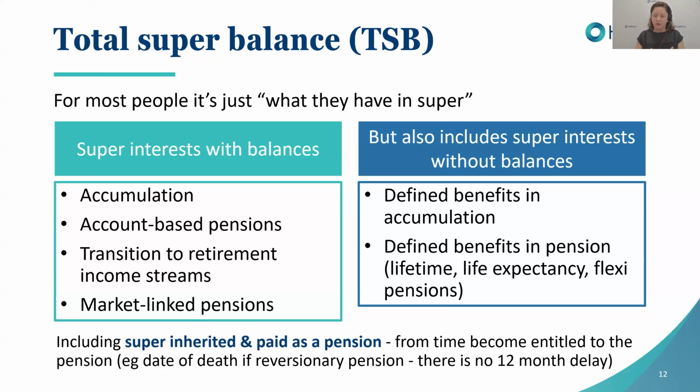So if I've inherited super in the form of a pension, then it's counted towards my total superannuation balance from the moment I become entitled to that pension. If it's a reversionary pension, it happens automatically on date of death. There's no 12-month delay like there is for the purposes of the transfer balance cap rules. For total superannuation balance, the pension reverts to me and it's immediately included.